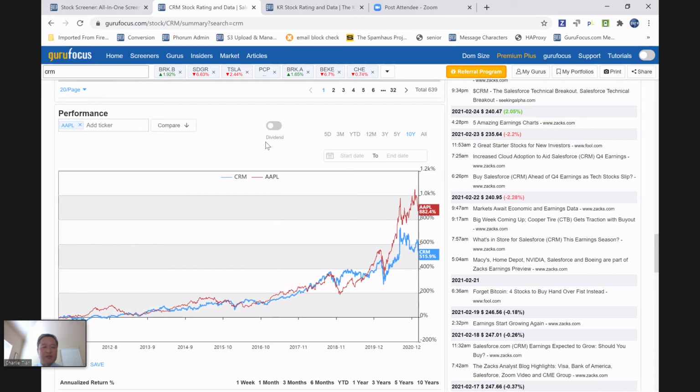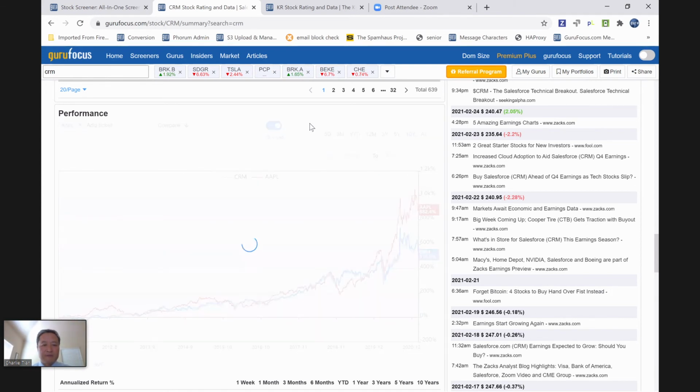The difference is that we have added a dividend button here. If you click on this dividend button, the dividend over the period you're observing will be added, and the performance will be displayed.